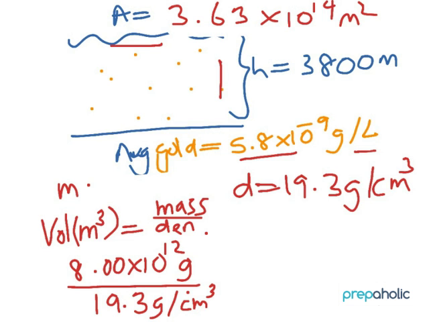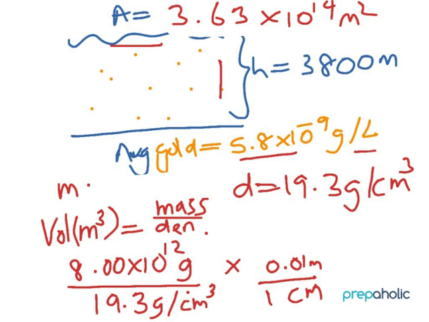But because we need to convert this into cubic meters, we will use the relationship that we know. We know that 1 centimeter is equal to 0.01 meters, or basically 10 to the power minus 2 meters.